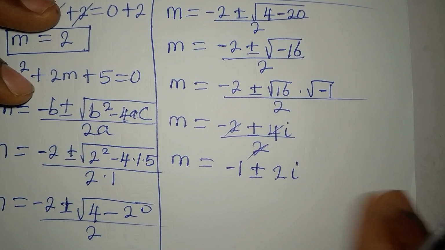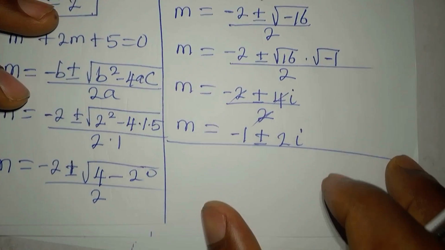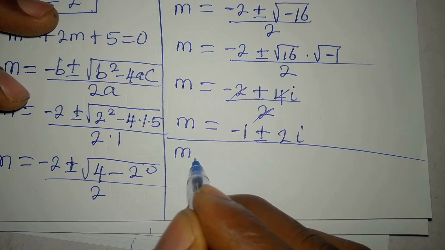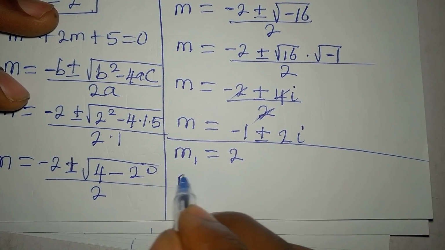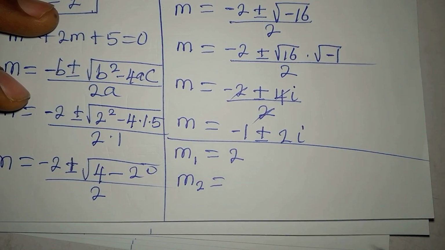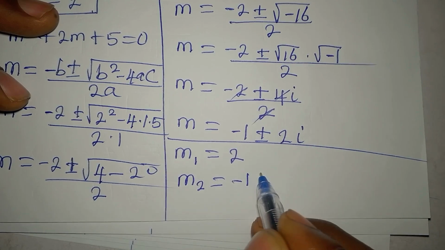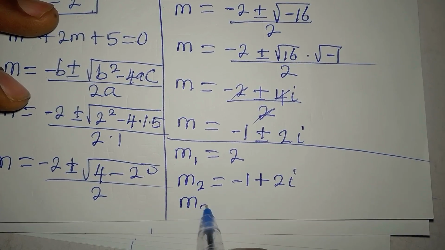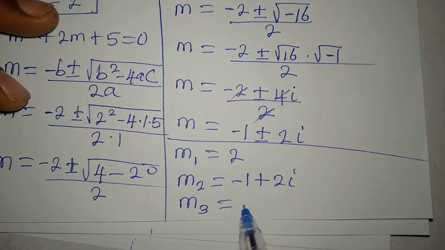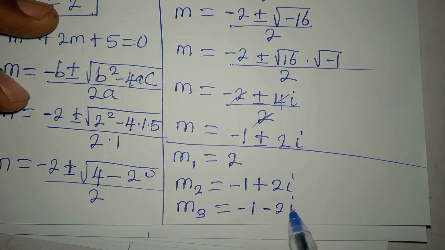This is a 2-in-1 solution. Let's get the 3 solutions together. Now m1 is equal to 2, that's the first solution. Then m2 is equal to what we have here, minus 1 plus 2i. Then our m3 is minus 1 minus 2i.